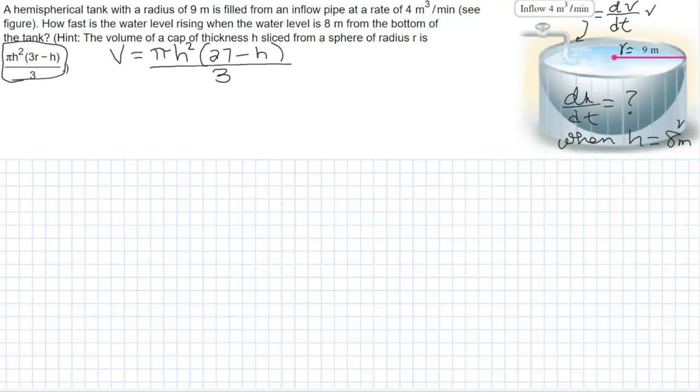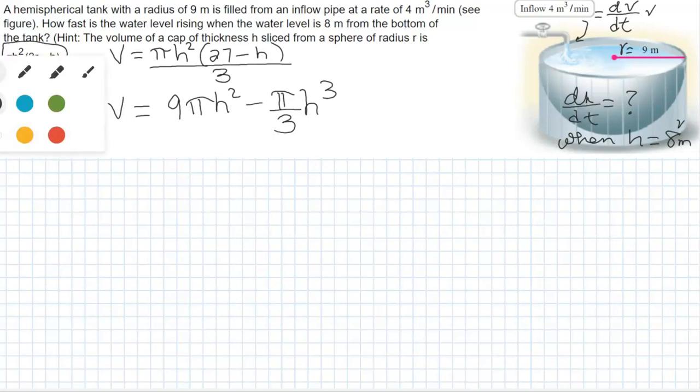In order to find dh/dt given dV/dt and an h value, we take the derivative of this equation. But before we take the derivative, it would be good to distribute and clean this up. When we distribute, 27 divided by 3 is 9, so that would be 9 pi h squared minus pi over 3 h to the third power. That is the equation we're working with.